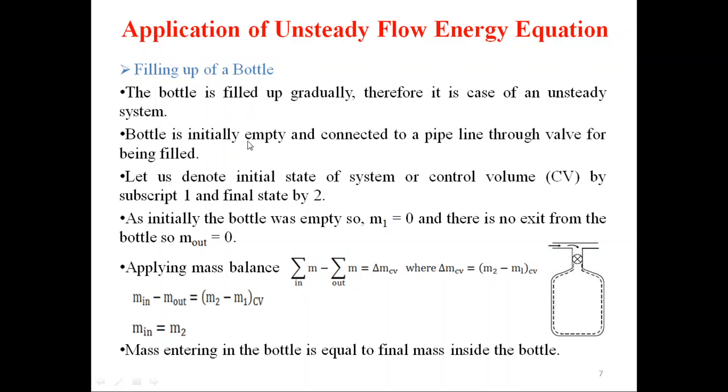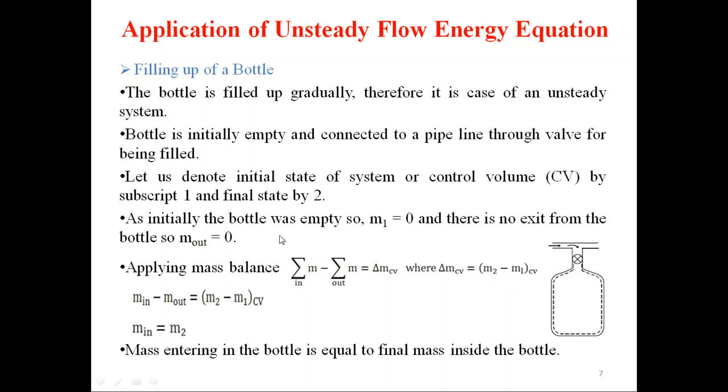The bottle is initially empty, so when mass is not entering the control volume, this bottle is empty and connected to a pipeline through a valve, for being filled. Let us denote the initial state of the system or control volume by subscript 1 and the final state by subscript 2. So 1 represents the initial condition of this bottle and 2 represents the final condition of this bottle, that is the control volume.